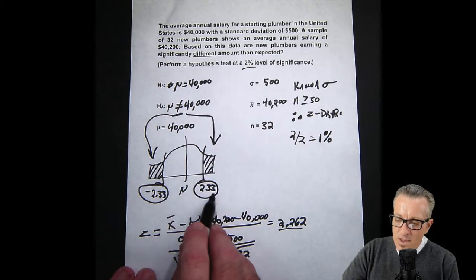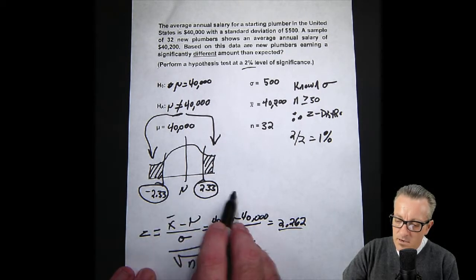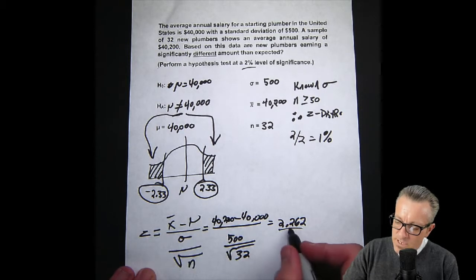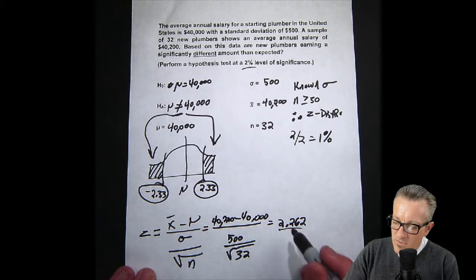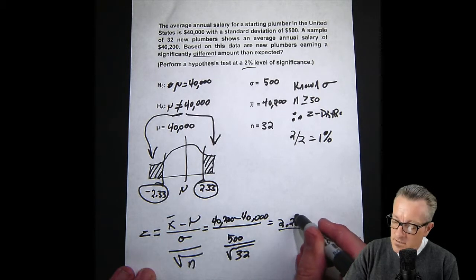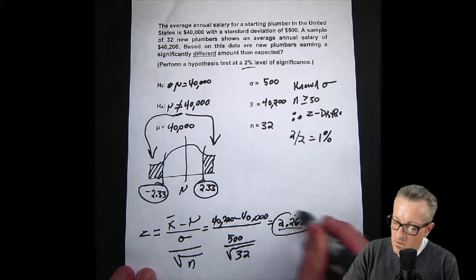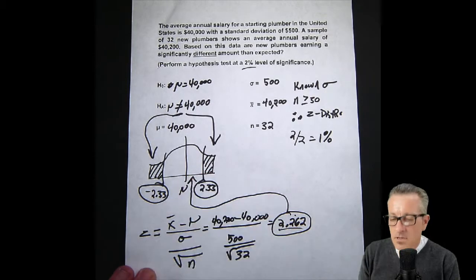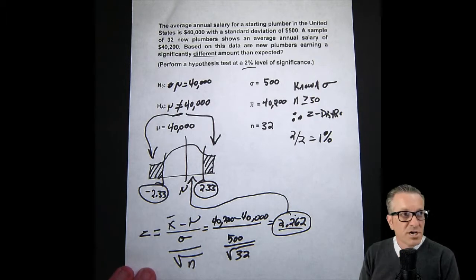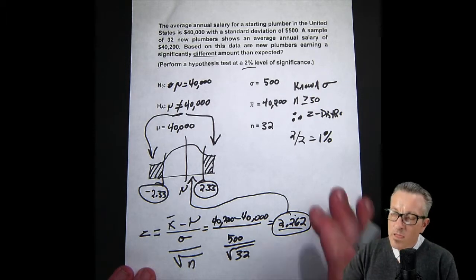Standard deviations away from the mean are increasing. So 2.26 versus 2.33, we know that this value is going to be inside the non-rejection zone area.